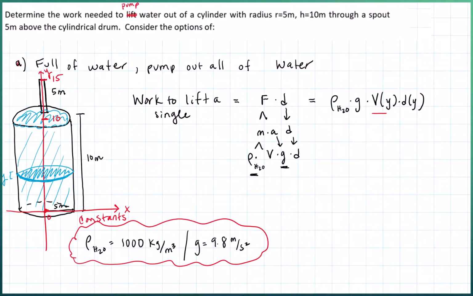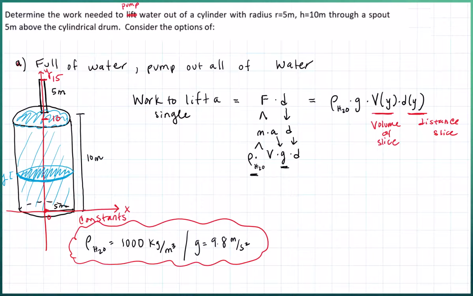So this is the volume of a slice, and this is the distance we have to lift each slice. So we've got volume and distance. We have to figure out how to represent the volume of a slice and how to represent the distance of a slice. So let's talk about that in the context of the problem.